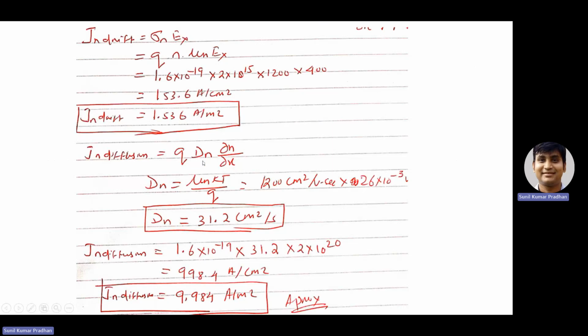Now you put this Dn value in this equation, and finally you will get the diffusion current density equal to 998.4 ampere per centimeter square, which is a CGS unit. And if you convert into SI unit, it comes to be 9.984 ampere per meter square.